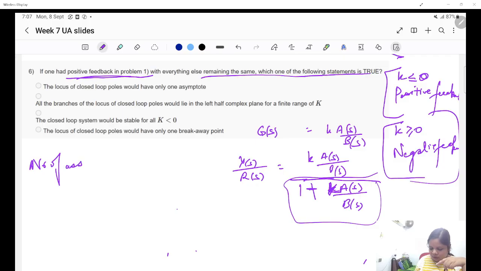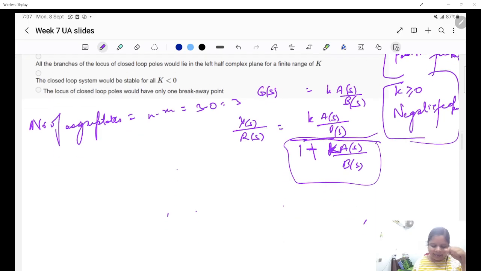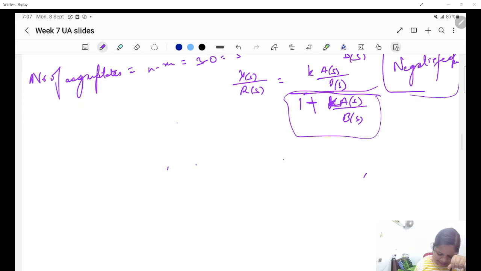Number of asymptotes is n minus m, which is 3 minus 0, equal to 3. So this is wrong. Okay. All the branches of the locus of the closed loop poles would lie in the left half of the S-plane for finite range of K. Let's check this.